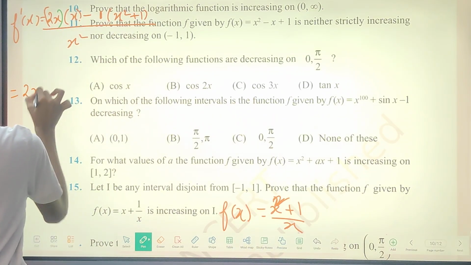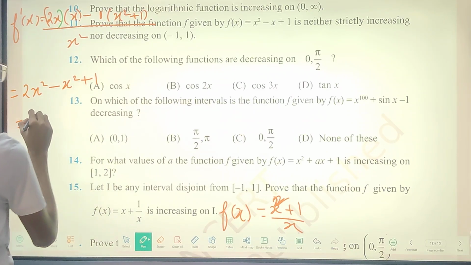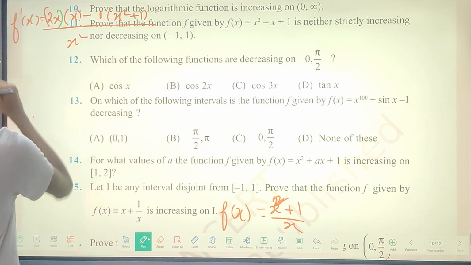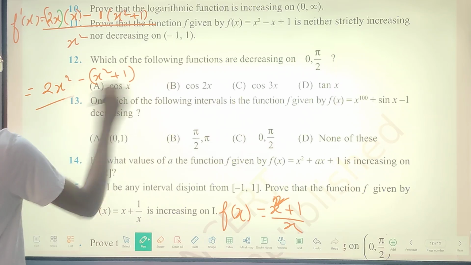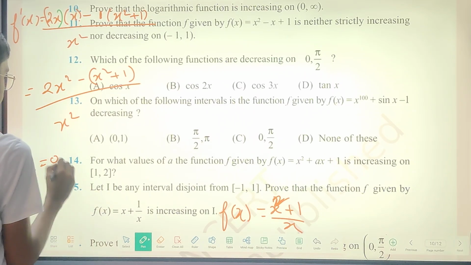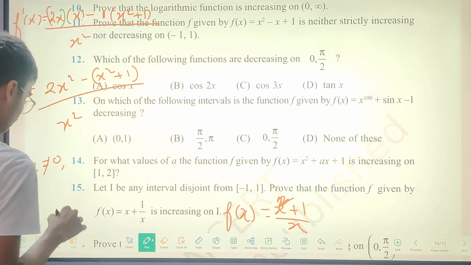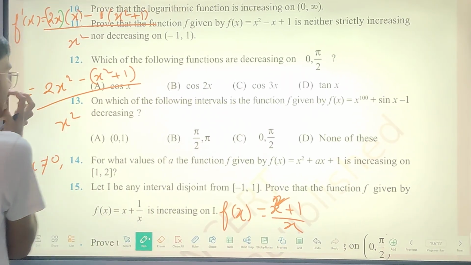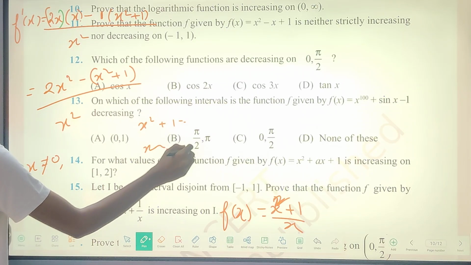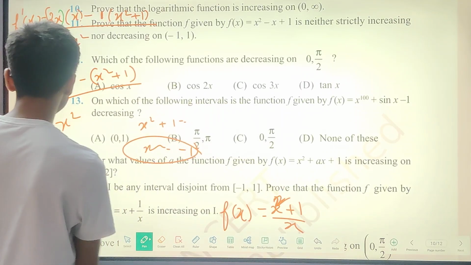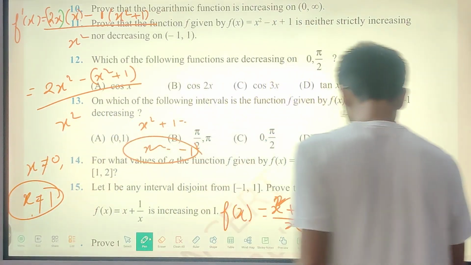So this is 2x square minus x square plus 1, whole divided by x square. At x equal to 0, it is 0, but x cannot be 0 according to this equation. Also x square minus 1 is equal to 0, so x should not be -1.